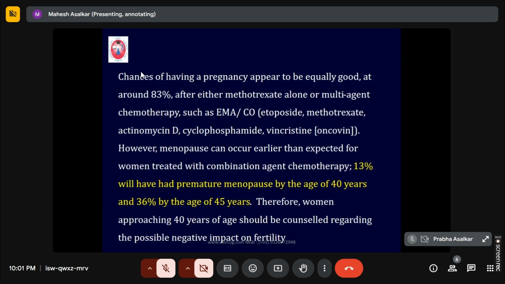However, menopause can occur earlier than expected for women treated with combination agent chemotherapy. 13% will have a premature menopause by the age of 40 years and 36% by the age of 45 years. Therefore, women approaching 40 years of age should be counseled regarding the possible negative effect on fertility.